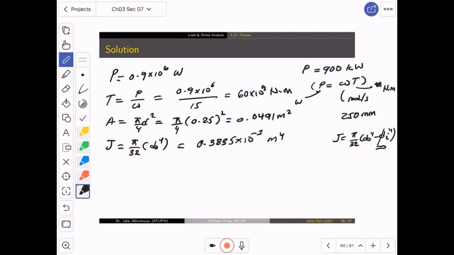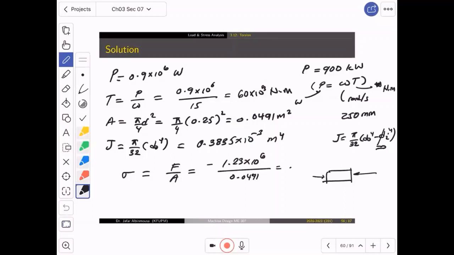Now, since this is a thrust force, it will actually cause compression on the shaft. So the shaft will have sigma equal to F over A, which is a negative 1.23 mega Newton, so it is 10 to the power 6 Newton, divided by the area, which is 0.0491 meter square.